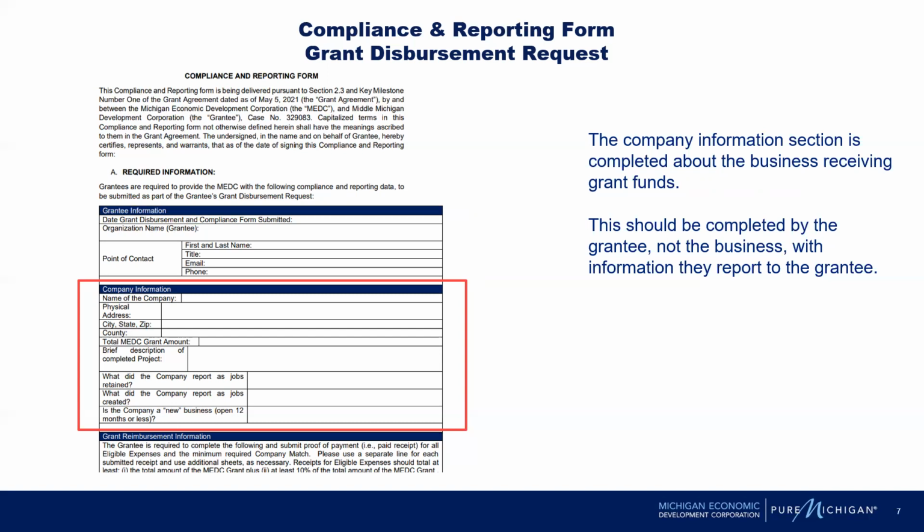And we also are asking that you provide a really brief description of the completed project. That might just be an outdoor seating area, or maybe a startup business launched and supported with new inventory. It can be very brief, but I would appreciate it if you can complete that as well.